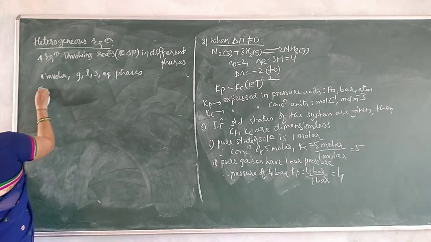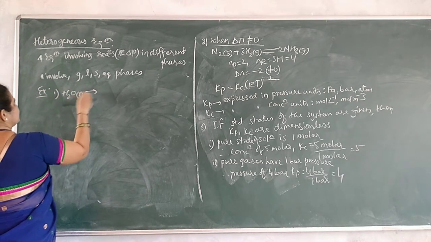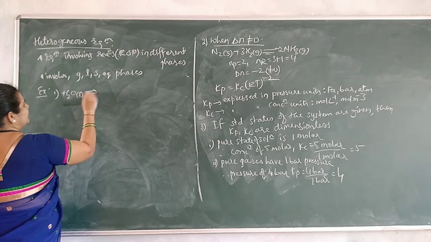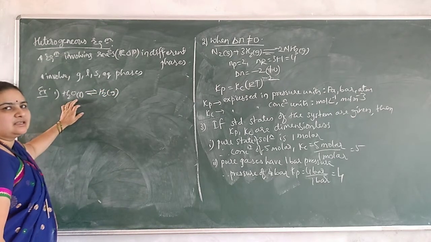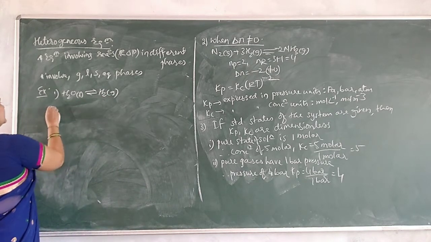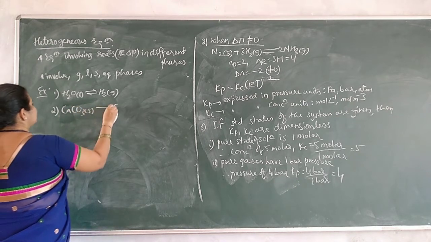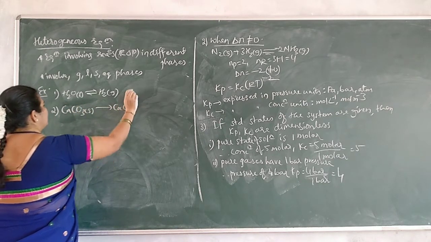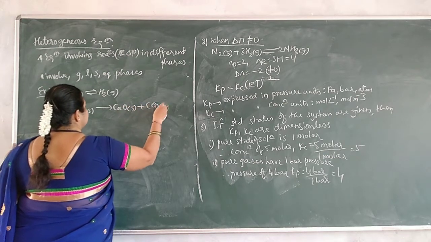So examples to be given. First one, vaporization process, that is H2O liquid in equilibrium with H2O gaseous. Here reactants are in the liquid state and products are in the gaseous phase. Second example, CaCO3 solid giving rise to CaO solid plus CO2 gaseous.